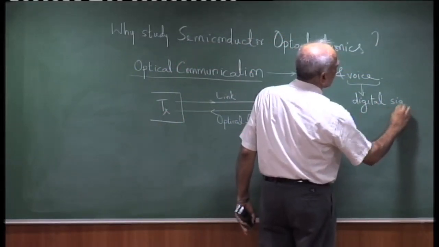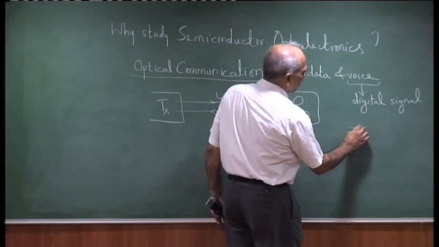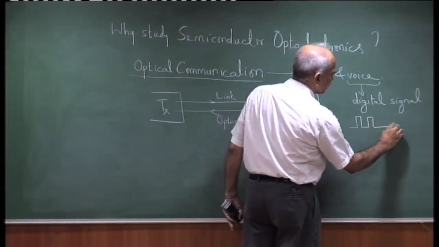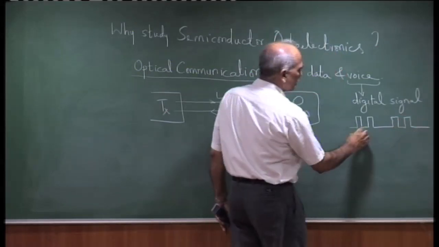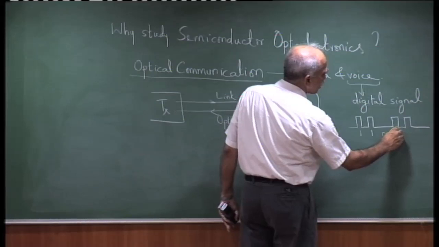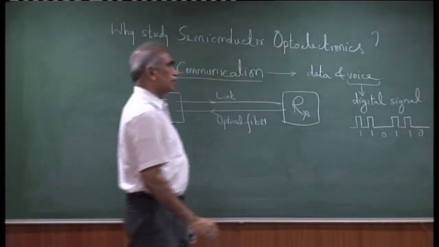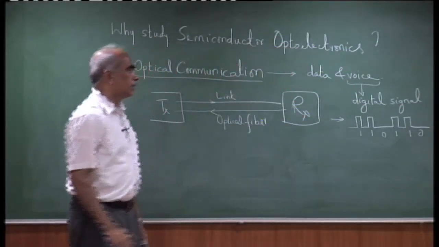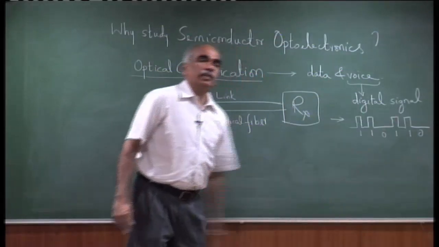For example, you have an NRZ pattern: this is digital 1, here is a digital 0, this is 1, 1, and so on. So the voice is first digitized into a digital signal.